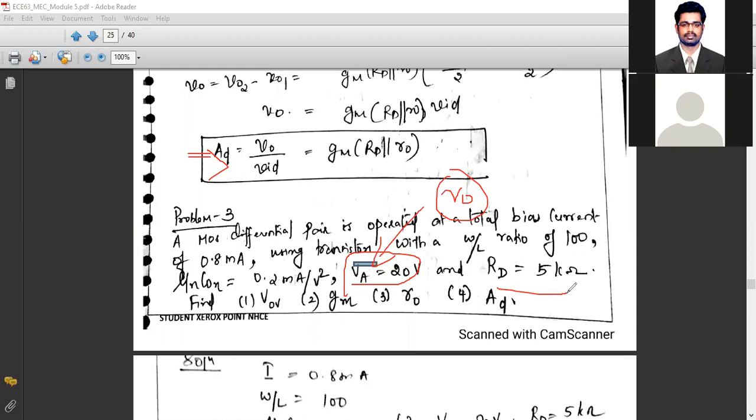And RD is 5 kilo ohm. And find 4 parameters. First one, VOV, that is the overdrive voltage. Second, the transconductance. Third, the output resistance, and fourth, the differential gain.